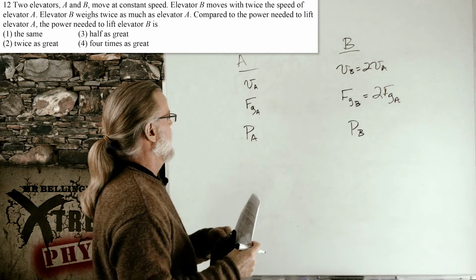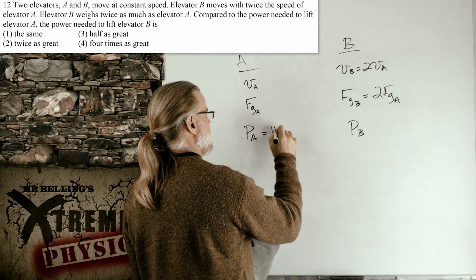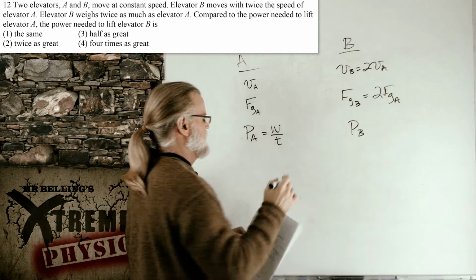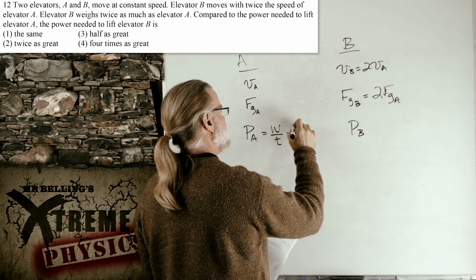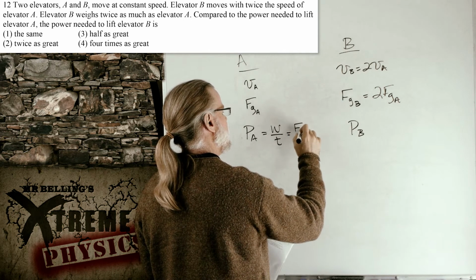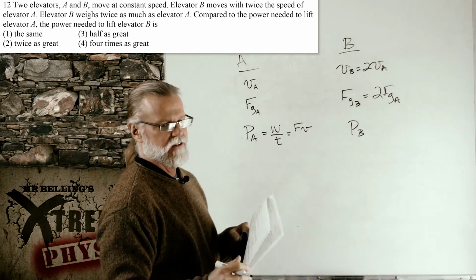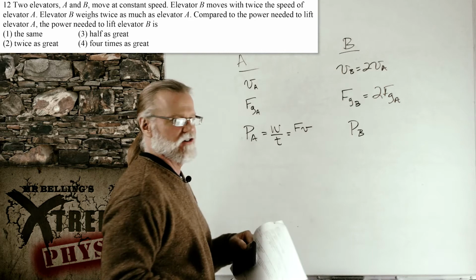B. All right. Well, what is power? Power is work divided by time, or energy divided by time. Or it's force times velocity. Get that in your reference table. Force times velocity. In this case, the force is the force of gravity.